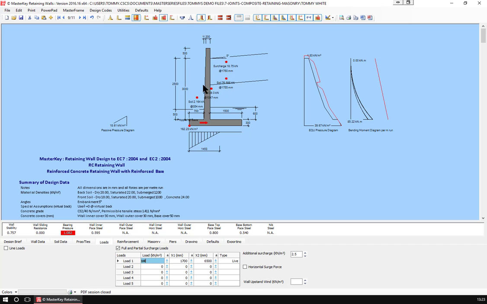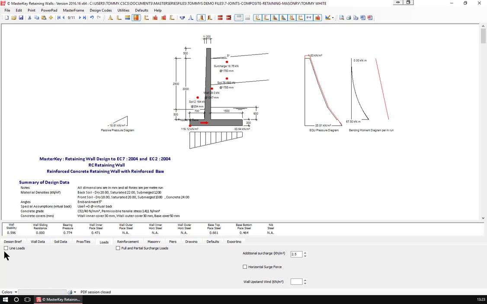And obviously this additional soil gives us a kick as well. The newer soil takes up the resistance better. So I'm going to take off that partial UDL.